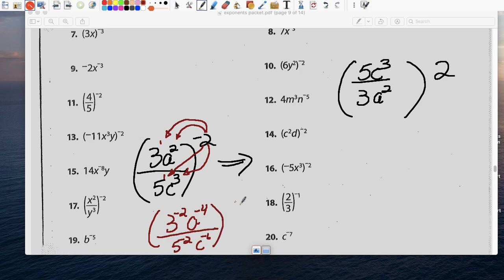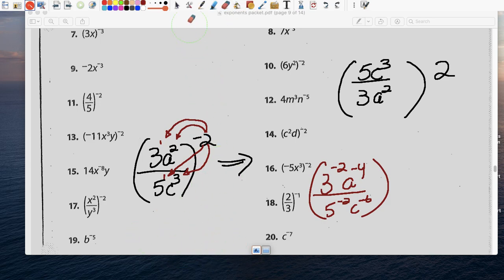So notice that everybody has a negative exponent: 3 to the negative 2nd, a to the negative 4th, 5 to the negative 2nd, and c to the negative 6th. Now, everything in the numerator is negative, and everything in the denominator is negative, so 3 to the negative 2 goes down here.